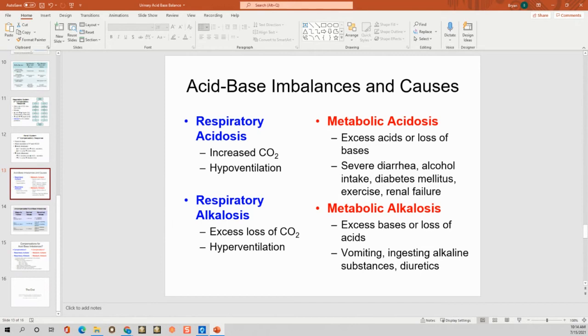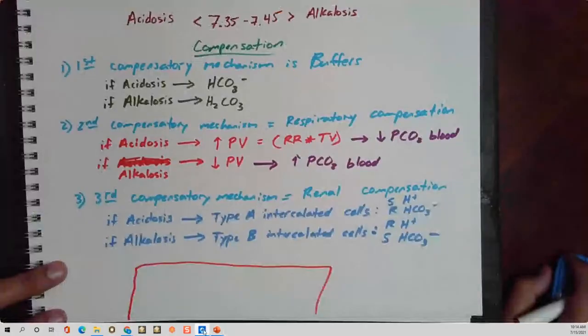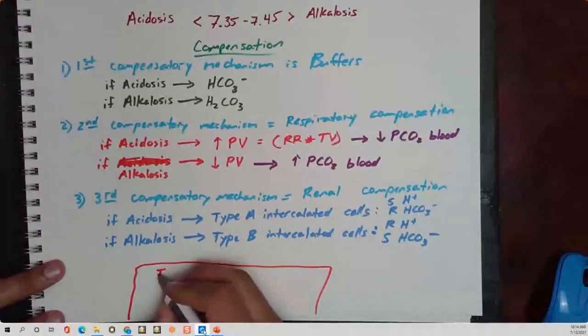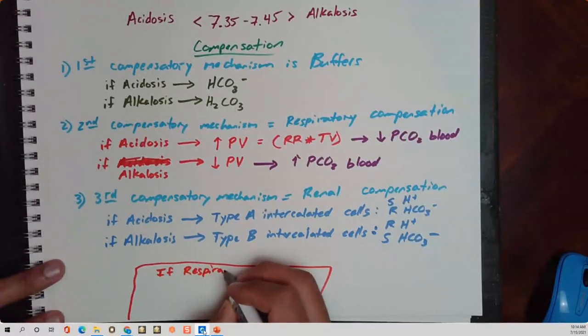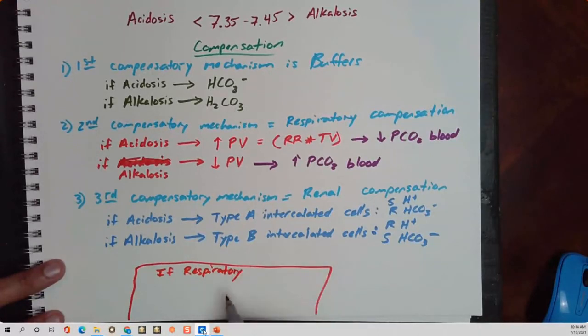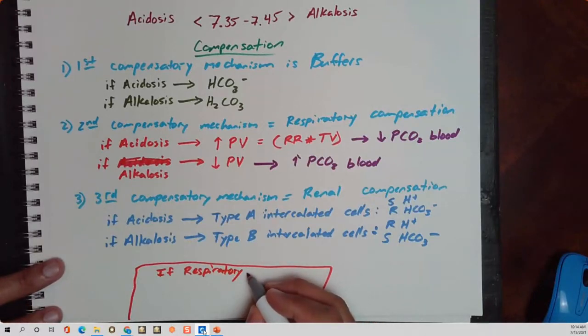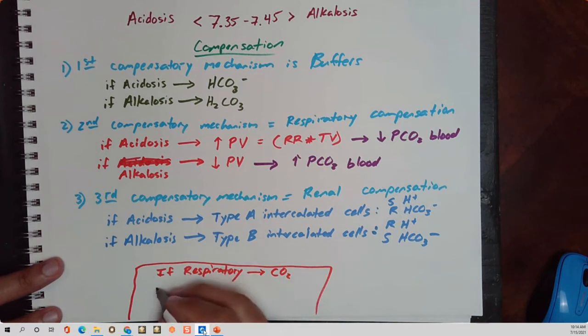If it's a respiratory disorder, if we're going to be dealing with a respiratory acidosis or respiratory alkalosis, what we are always going to be looking at is CO2. Versus if it's anything else, that's the rest of the body, we call it metabolic because that's all inclusive.